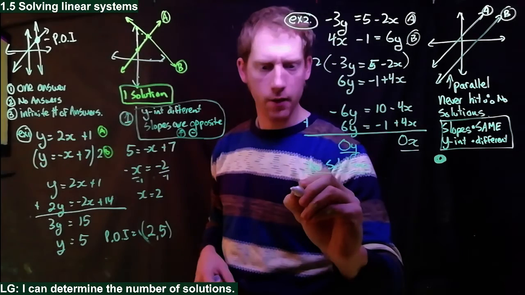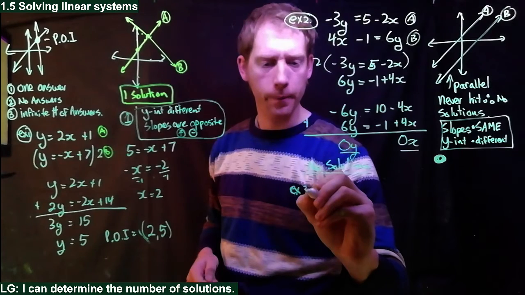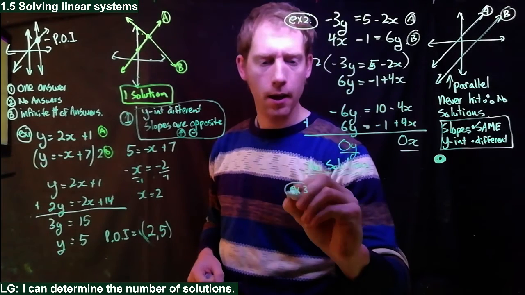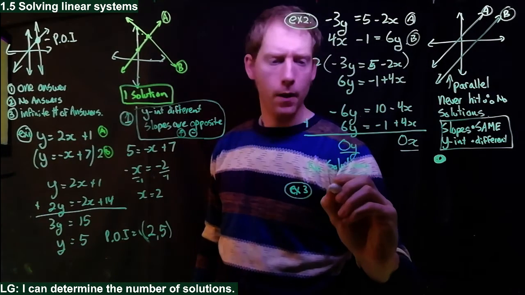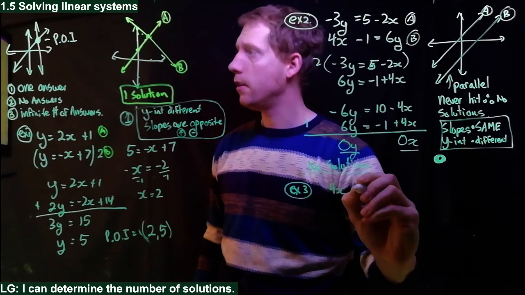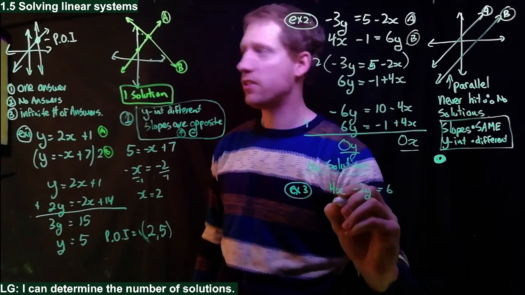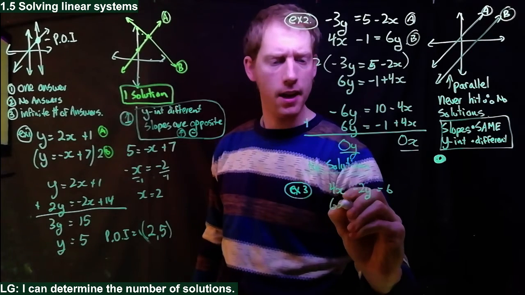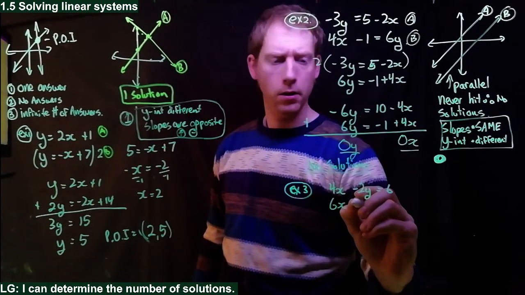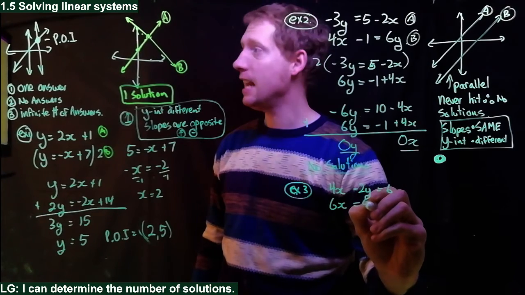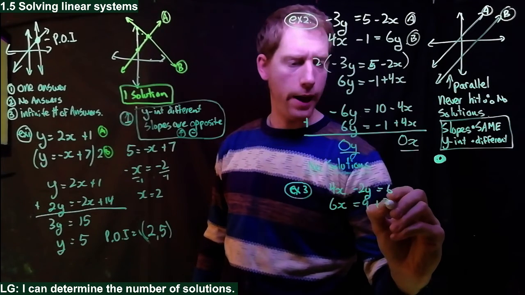So let's have a look at that. We have example number 3. 4x minus 2y is equal to 6. And then we have 6x is equal to 9 plus 3y.